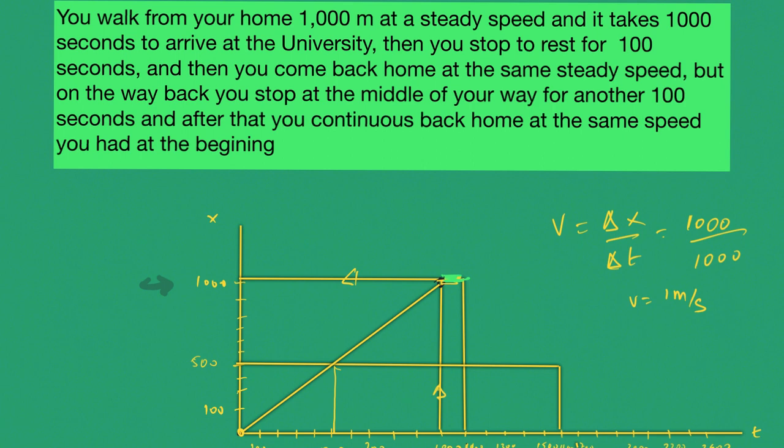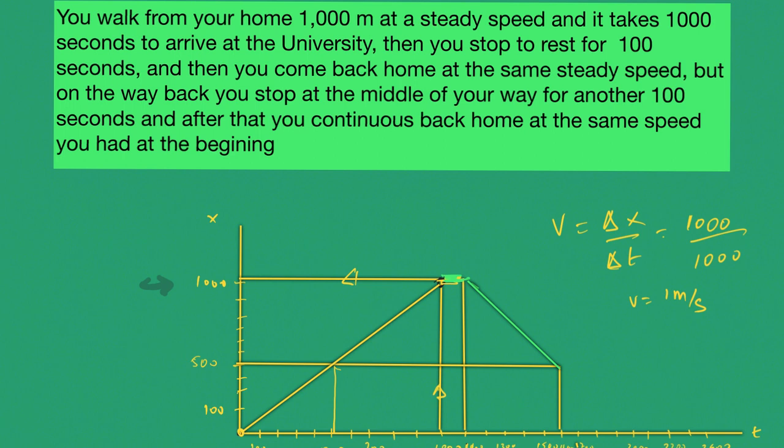So what will be the graph of x as a function of t? You will go at minus 1 meter per second because you are coming back home.